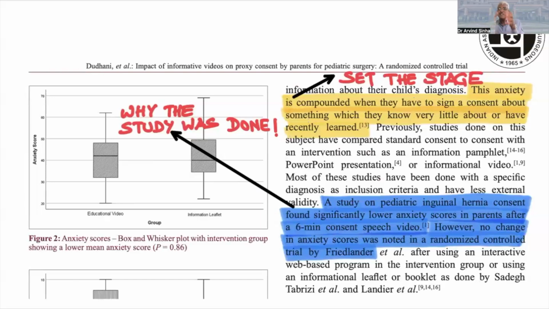So this is setting the stage for the discussion to follow. And then, marked in blue, a study on pediatric inguinal hernia consent found significantly lower anxiety scores in parents after a consent video. However, a randomized control trial did not find the same. So this is what they are trying to say and why the study had been done, right? This is how they started, and this was the first paragraph.